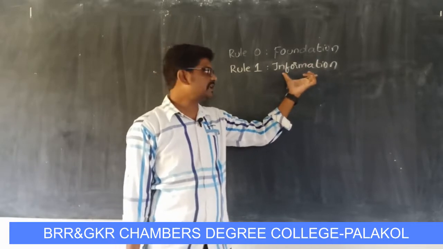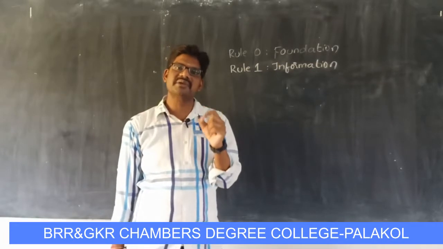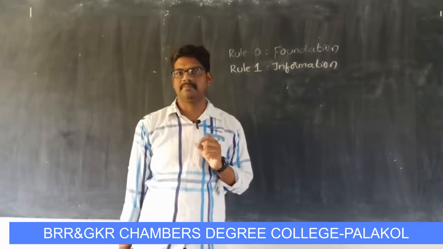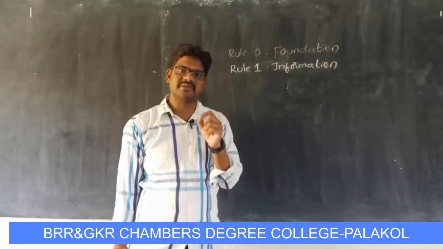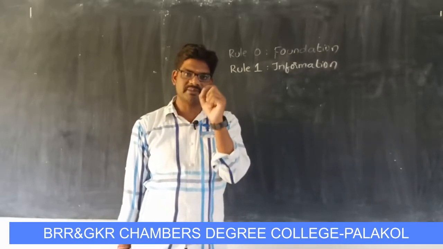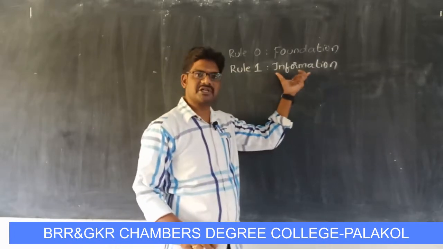And the data within the database must be in tabular format only. That is very important. So the data within the database must be in table format. That is called the information rule.